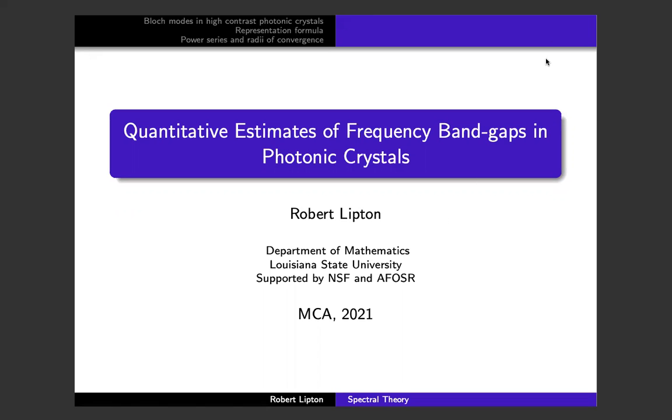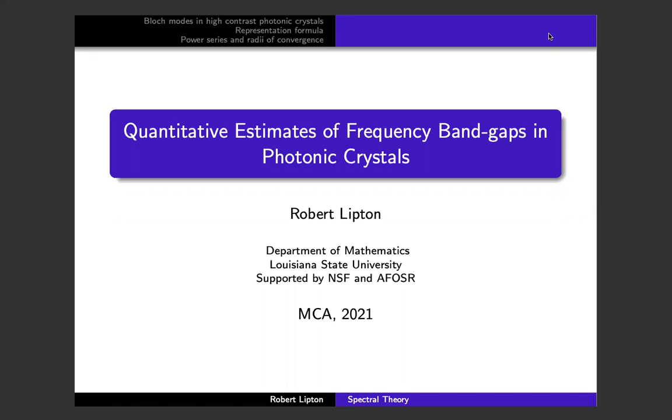So what I'm going to talk about today is actually measuring the size of band gaps in photonic crystals based on the difference in material properties of the dielectric materials, the geometry of the configurations, and two other spectral parameters, one related to the Dirichlet spectra of the particles themselves, and the other one related to a structural spectra.